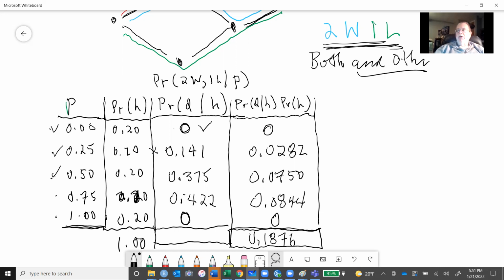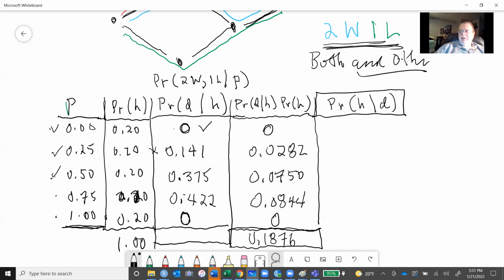But right now, let's compute the probability of seeing the hypothesis given the data. This ends up being Bayes' theorem, but the probability ends up being the relative size of each of these numbers, the 0.02, the 0.07, the 0.08, against one another.